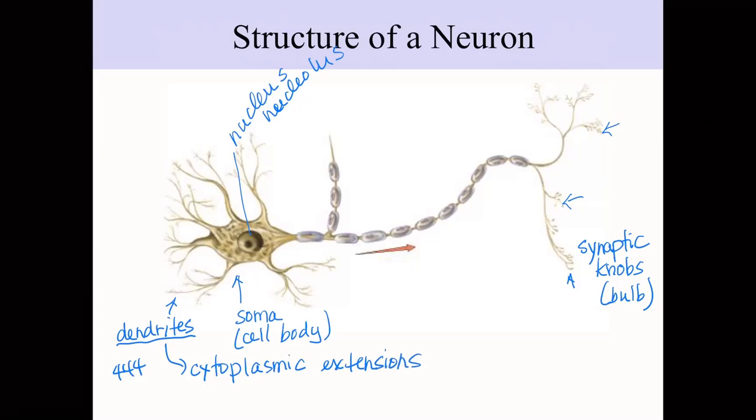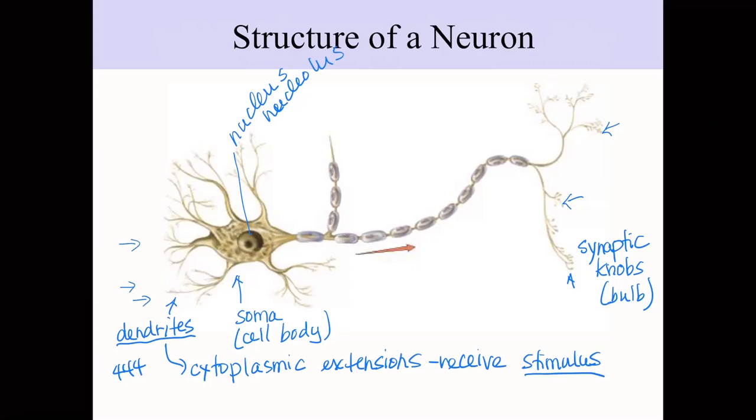They're going to receive a stimulus, from light or whatever external environment. So this is where the signal is going to come in, at these dendrites and these branches.